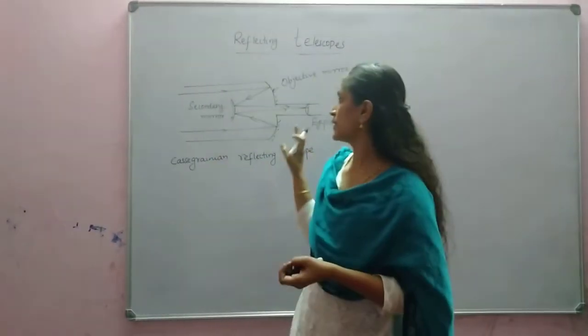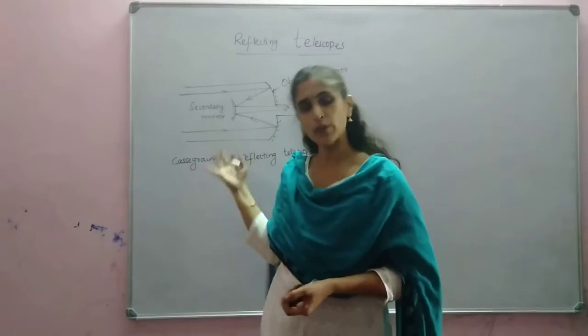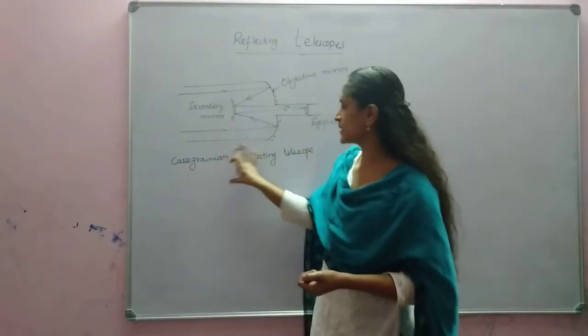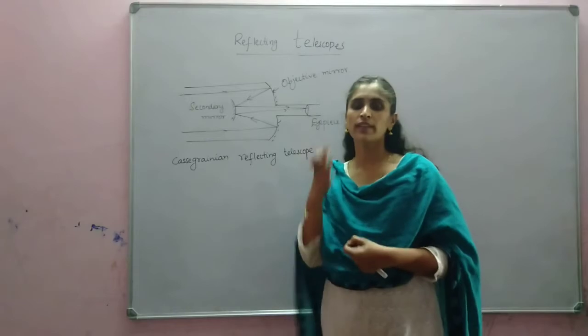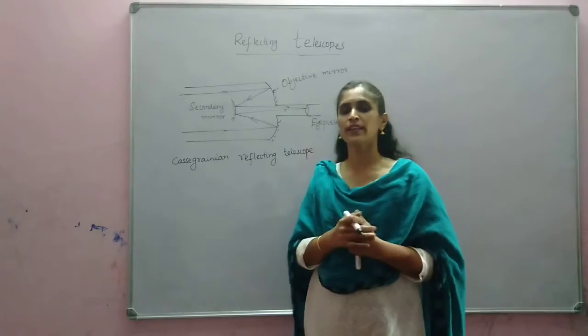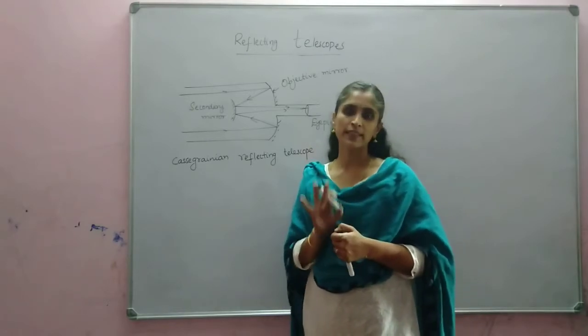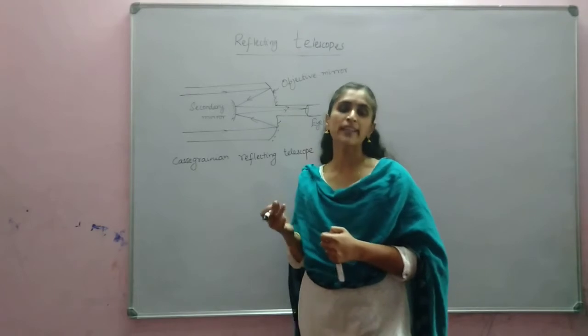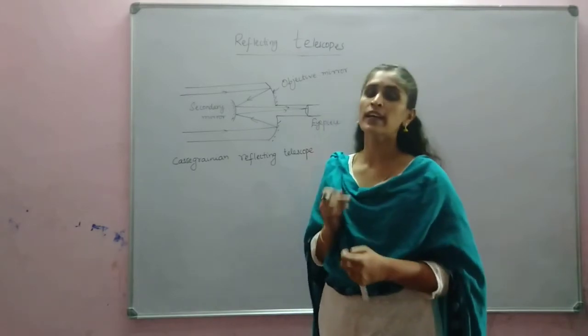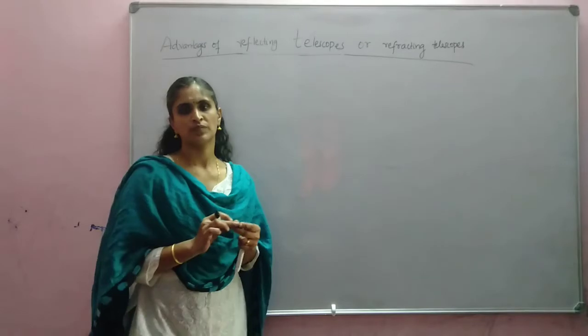This is what happens in a reflecting telescope. One example of a reflecting telescope is the Cassegrainian reflecting telescope, which we are discussing here. The Newtonian reflecting telescope you can study in higher class. Is it clear? Now we will discuss the advantages of the reflecting telescope over the refracting telescope.